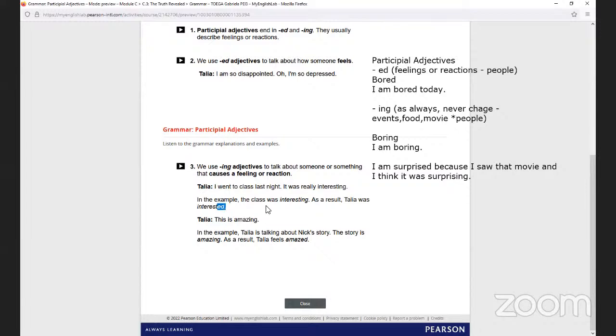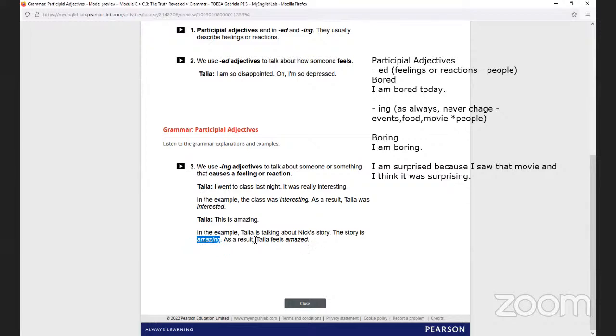Now after this we have another. This is amazing. Esto es emocionante. In the example, Talia is talking about Nick's story. We are going to say that the story is amazing because the story is not going to change.